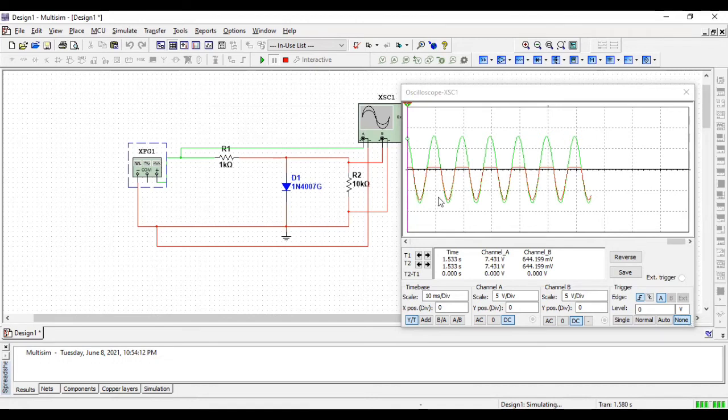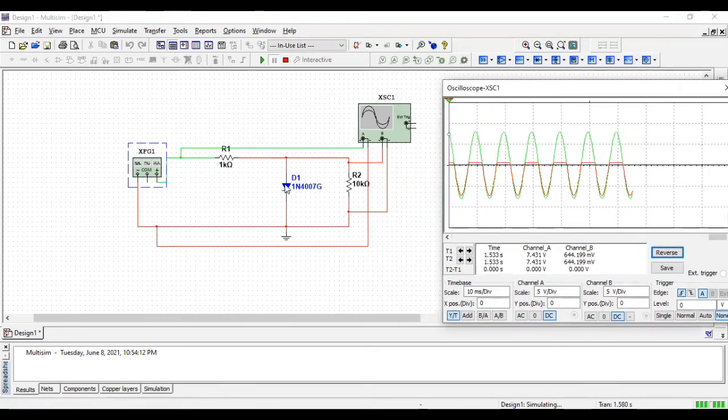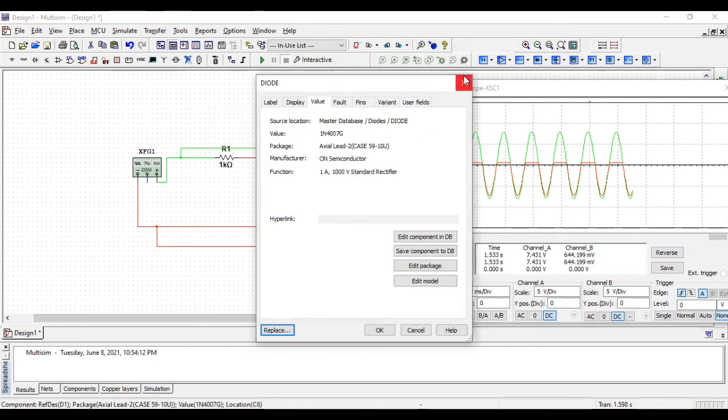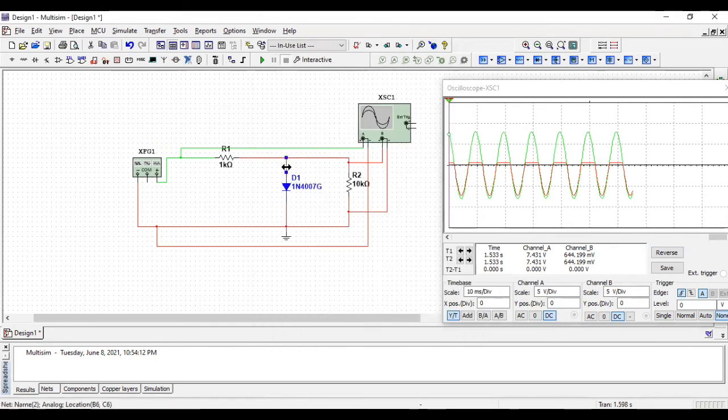The working is the same for the clipper clipping the negative cycle of the waveform, with the fact that the diode position will be reversed. So I will let you know about that too. We are just reversing the position of the diode, but before that, let me remove the connection.